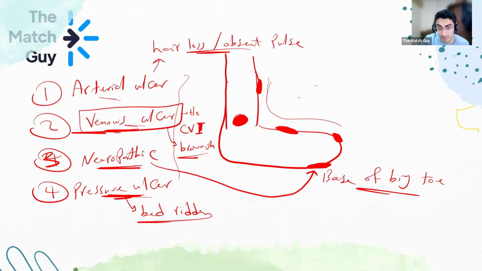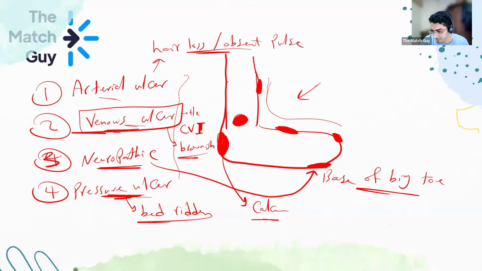I'm talking about the foot. Exactly, this part over here, which is the skin under the calcaneus, the heel. So this would be the place for pressure ulcer. So this is how you can differentiate between the foot ulcers based on the location.